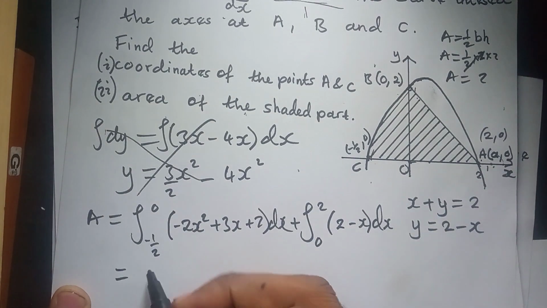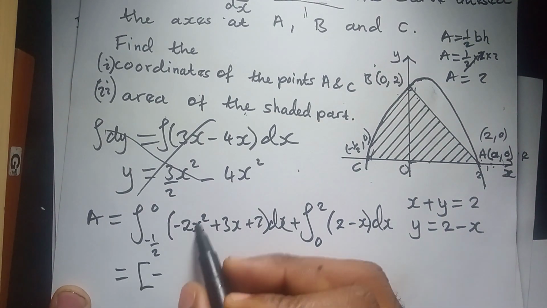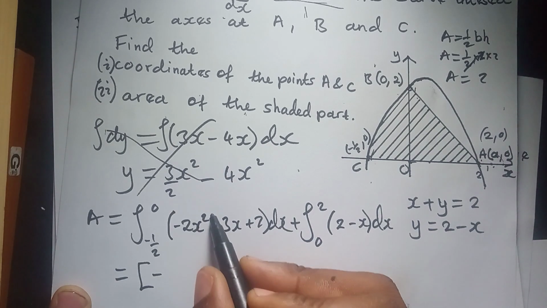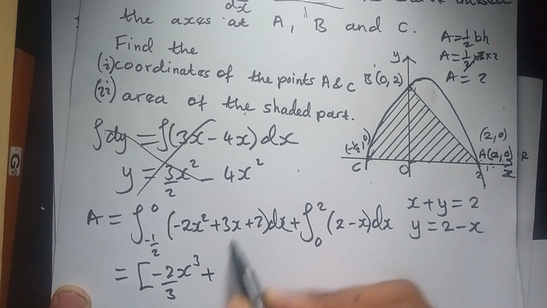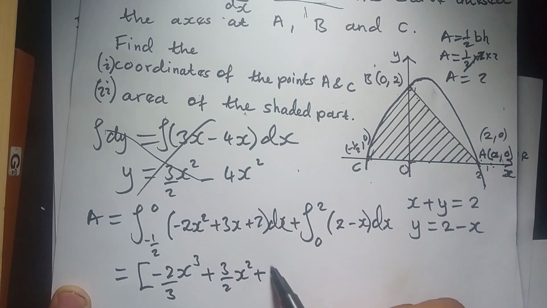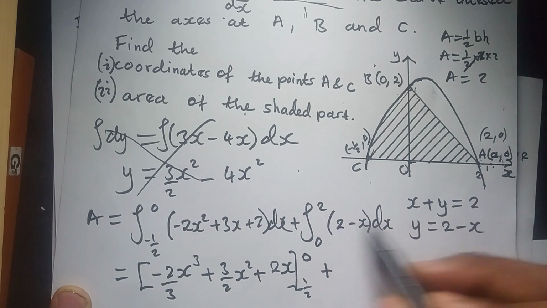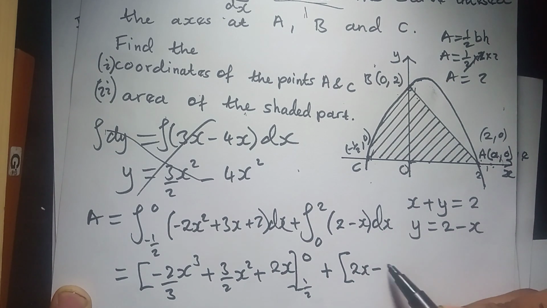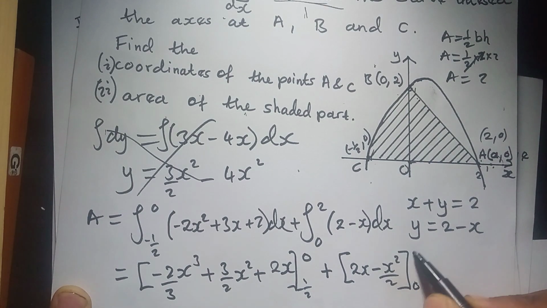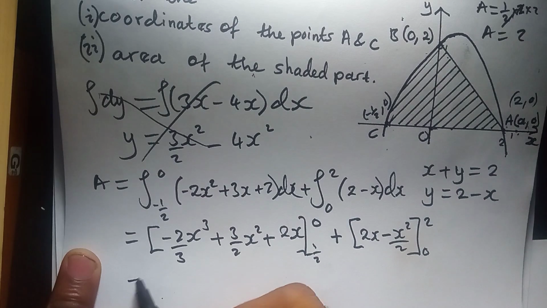When you integrate this, you have negative 2x to the power 3 over 3 plus 3 over 2 x squared, then plus 2x from negative half to 0, and then plus, when you integrate this, you simply get 2x minus x squared over 2. So you're integrating from 0 to 2.